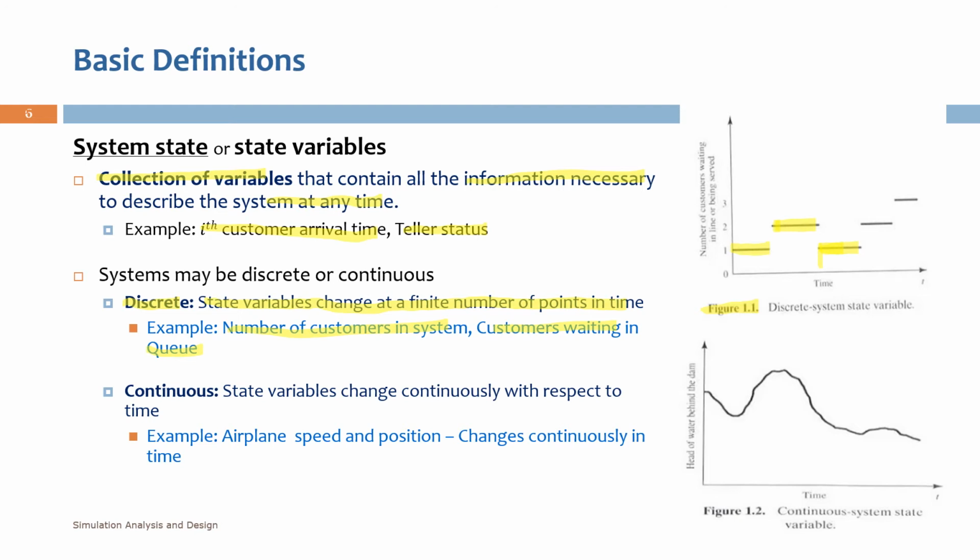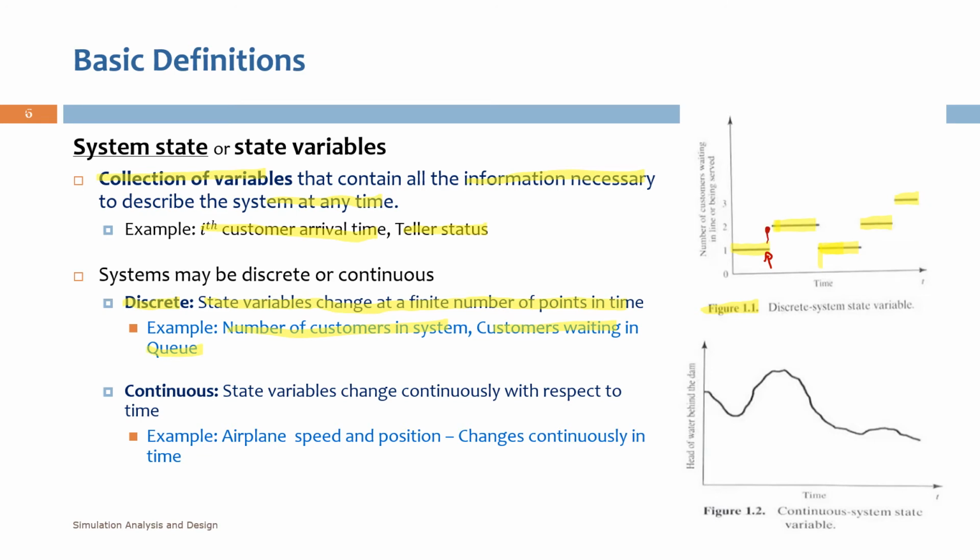And at this time again we have a new customer arriving to the system, so the number of customers in line will jump to 2 and jump to 3 at this point. As you see here, the number of customers changes only at discrete points of time. Let me show you here. There's a change here, right? It increases from 1 to 2.